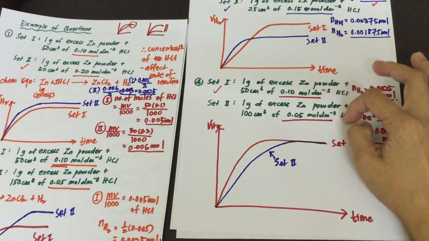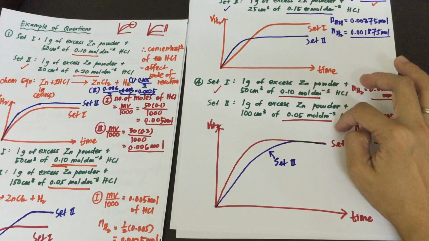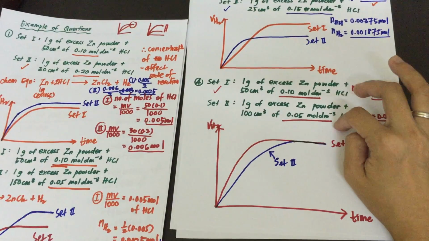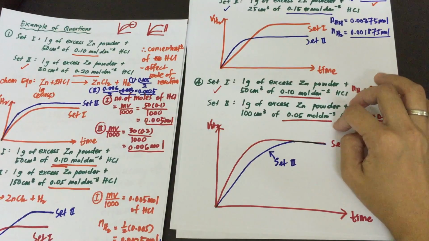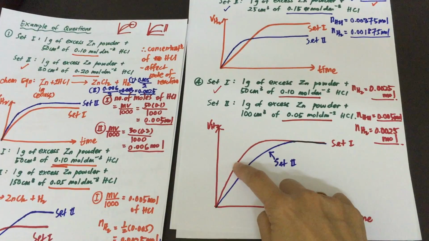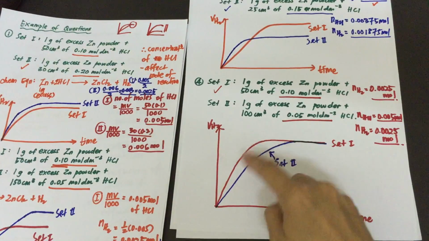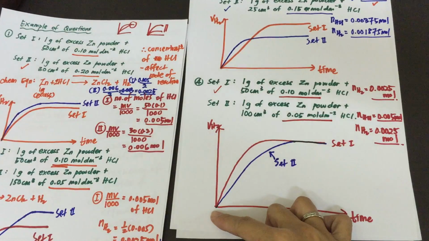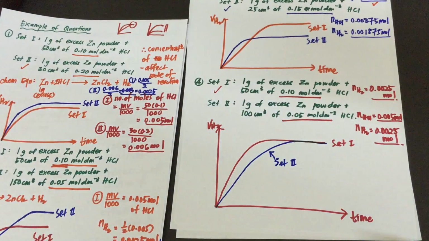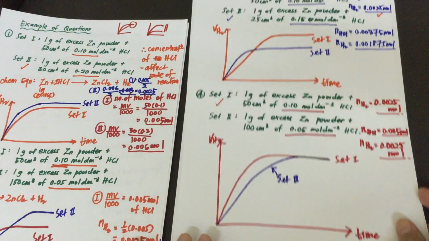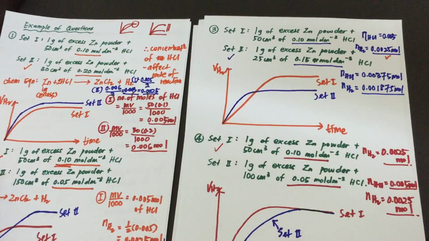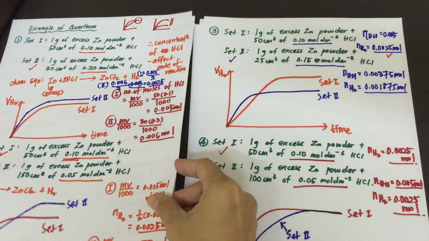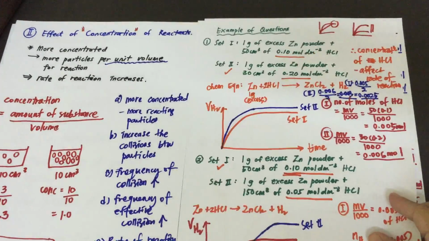And for the difference in concentration, the lower concentration of set 2 means a lower rate of reaction, and hence it appears below the first graph with a less steep gradient, which means a lower rate of reaction.